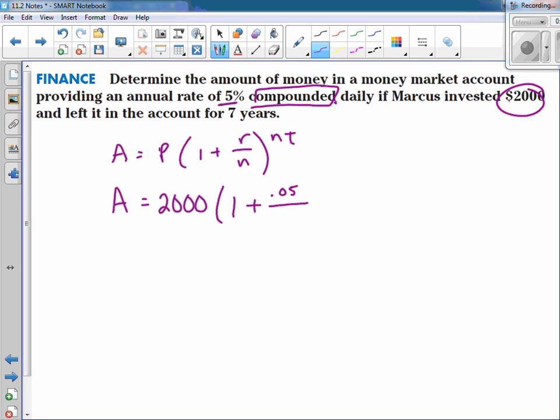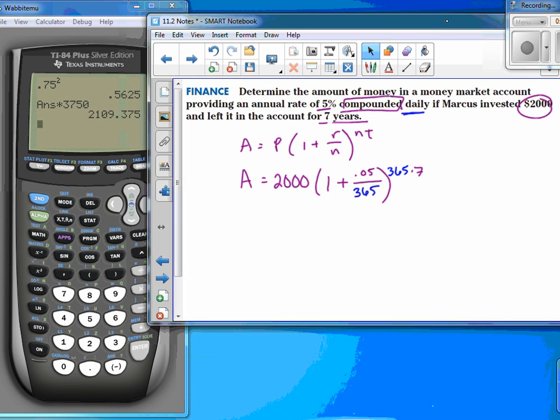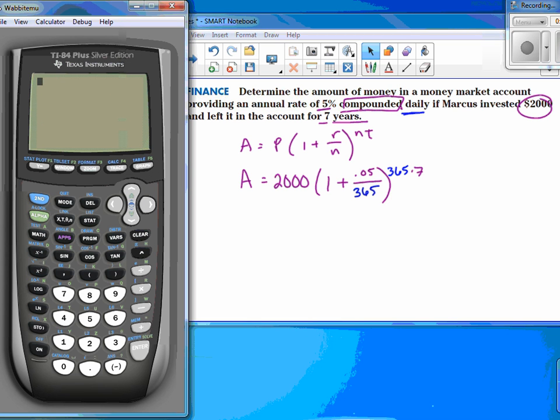So if it's compounded daily, that's 365 days a year. And then times the amount of years, T, which is 7. Be very careful when you're typing these into your calculator. These can easily go wrong.